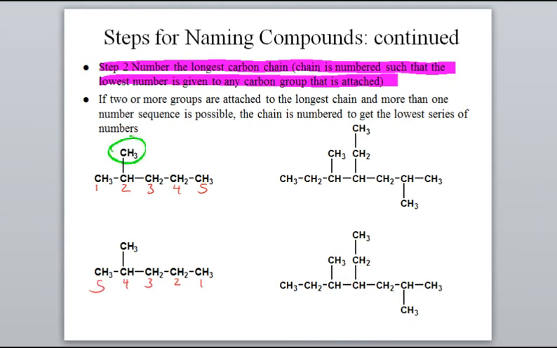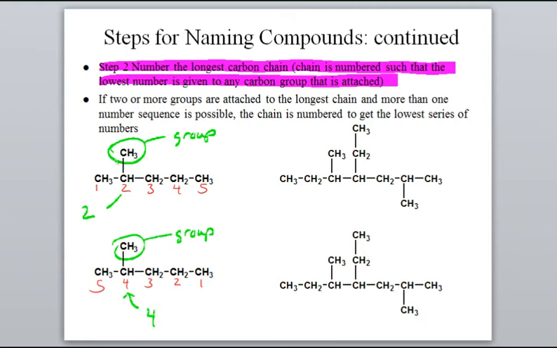This CH3, this is a group. Its name is going to be part of the prefix, and it's a group down here. It's actually a methyl group, and we'll name that in a little bit. But down here, it's on carbon number 4. Up here, it's on carbon number 2. This rule is that you number them so that the group is connected to a carbon that's the lowest that you can possibly get.